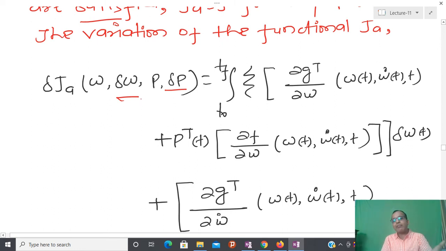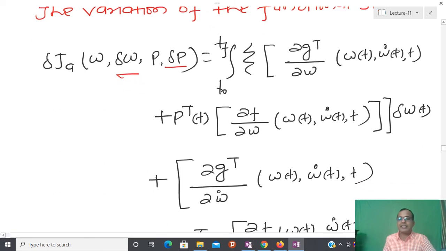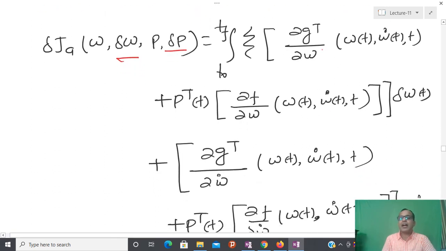So finally, after calculating the variation, I am going to express delta omega dot in terms of delta omega, because I am only worrying about the quantity. If I know the quantity then I can also predict its rate of change. That is the idea, and again the idea is exactly the same as the previous one.